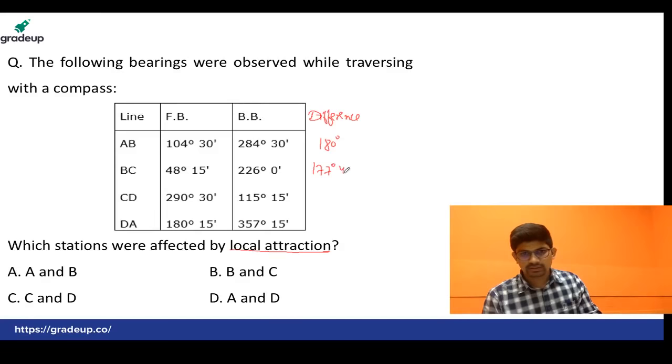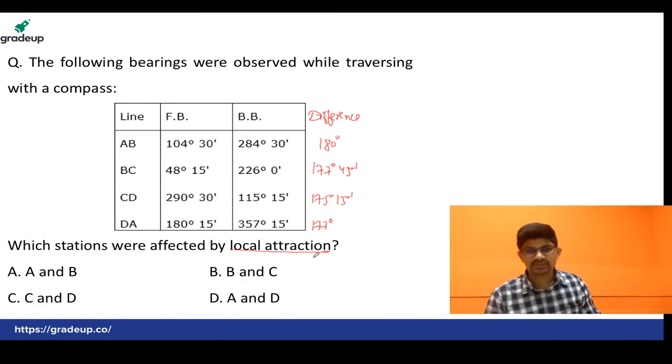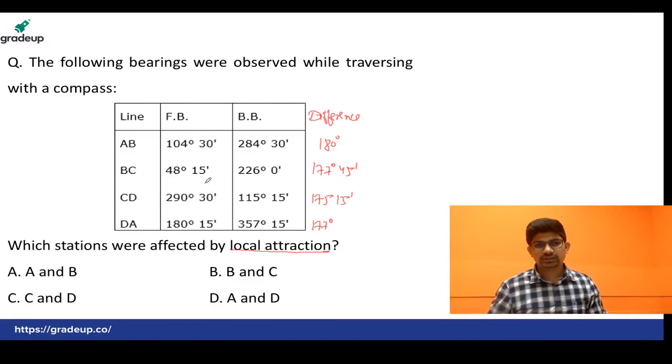For BC it is 177 degree and 45 minutes. For CD it is 175 degree and 15 minutes, and for DA it is 177 degree. So except for line AB, none of the lines have difference exactly equal to 180. Let us suppose there is no instrumental error in the compass.